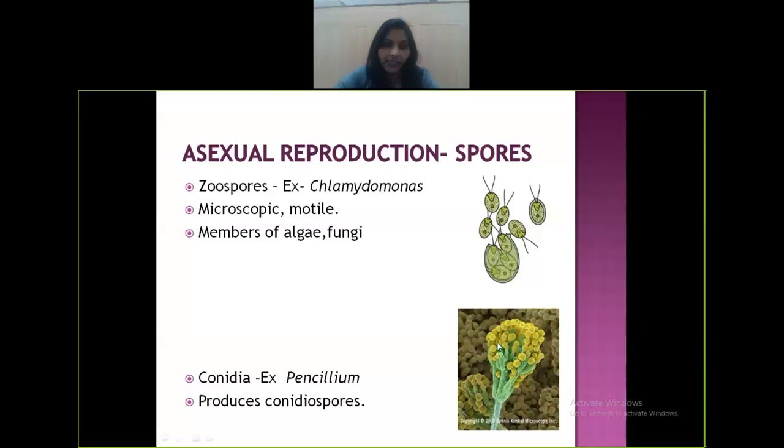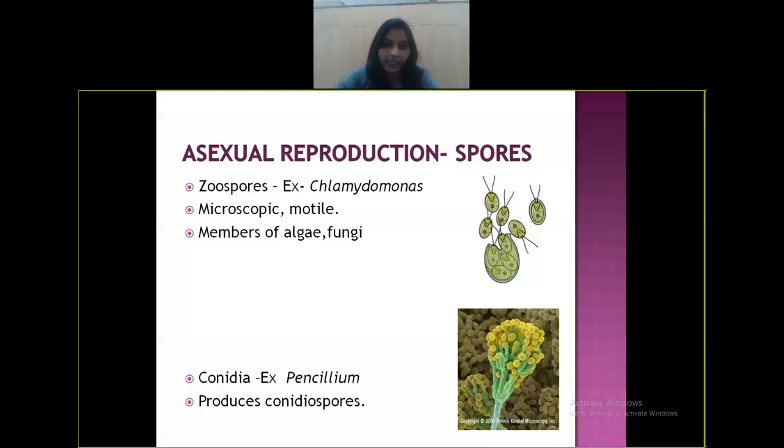Conidia produce spores called conidiospores. These are non-motile. The difference between the two: this is motile, these are non-motile. And you can see here, these are produced in chains, in groups. So asexual reproduction by means of spores: zoospores, Chlamydomonas.